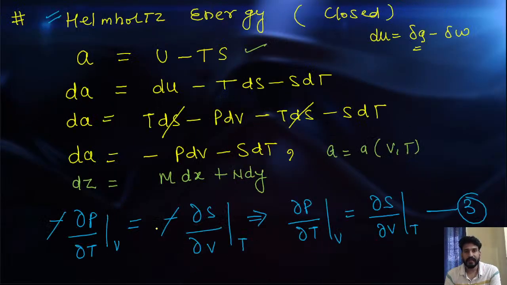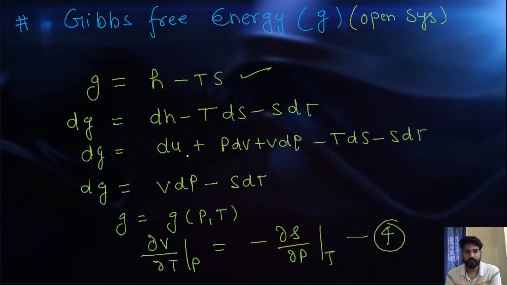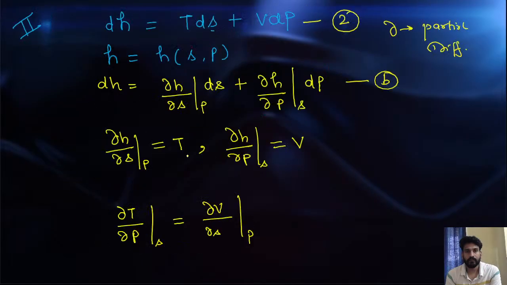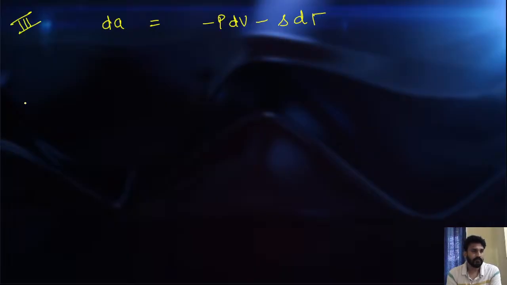Third is A. dA is equal to minus PdV minus SdT. A is a function of volume and temperature.